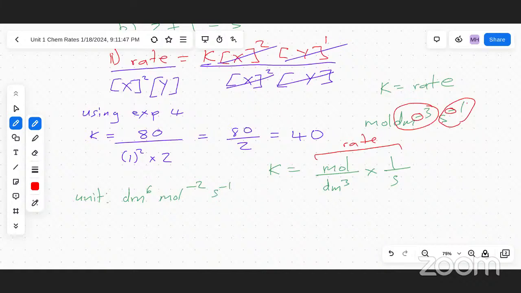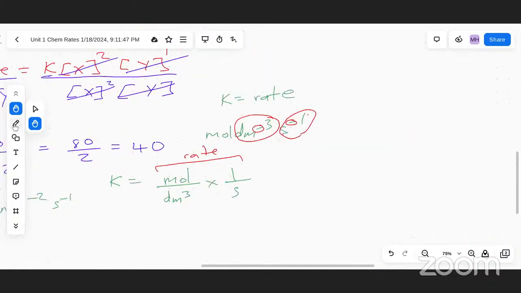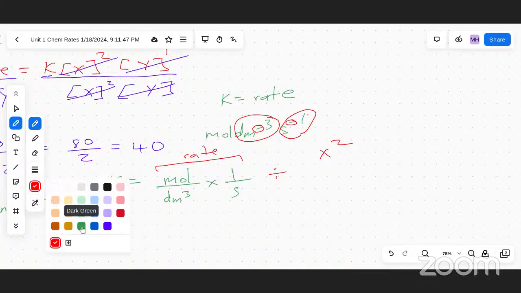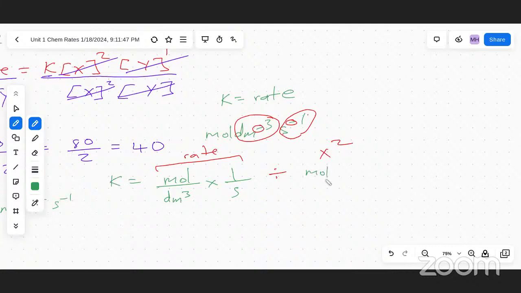Okay, let's go across. So it's rate divided by X squared, the concentration, that would be mole per dm cube times moles per dm cube. But we also have to multiply by Y, so it's another moles per dm cube.